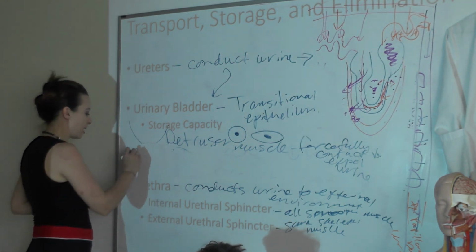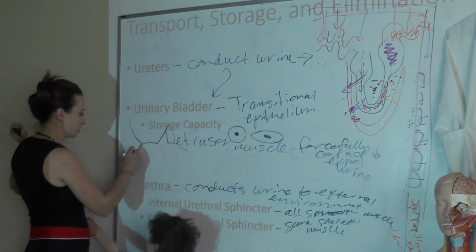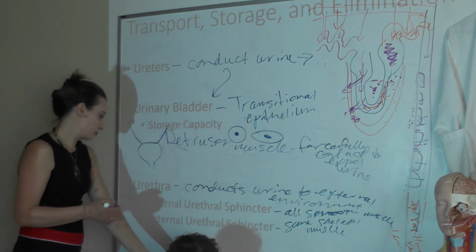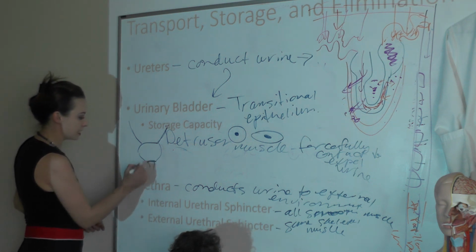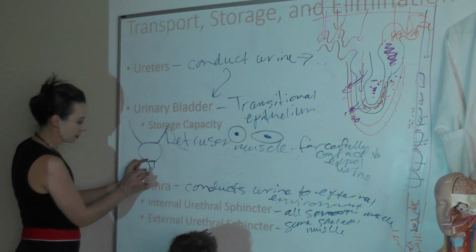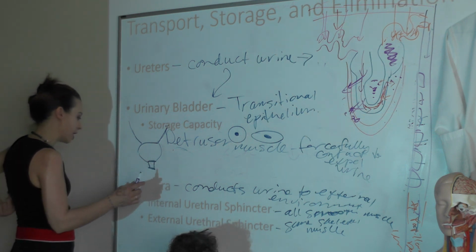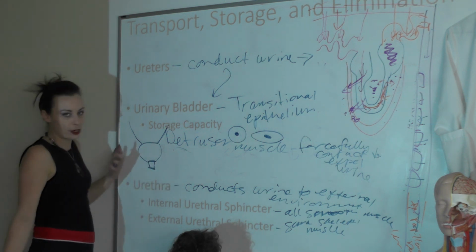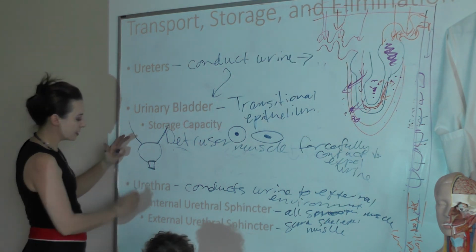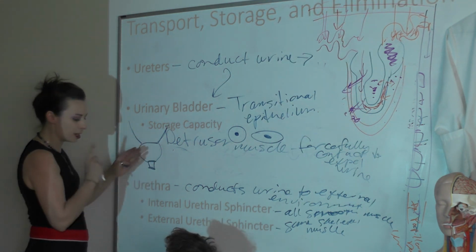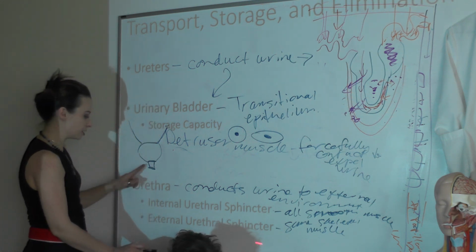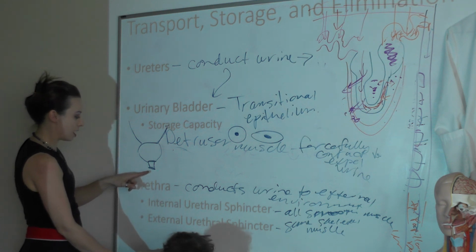So if we think about it, the ureters are bringing the urine into the urinary bladder, and then the urethra is conducting that away. So at the base of the bladder is the internal urethral sphincter. For females, there's a little bit of the urethra before we get to the external urethral sphincter. And so you've probably heard that females lose bladder control over their life as they get older, and that's because you're putting so much pressure on your bladder over time that you just wear out the ability to control that.